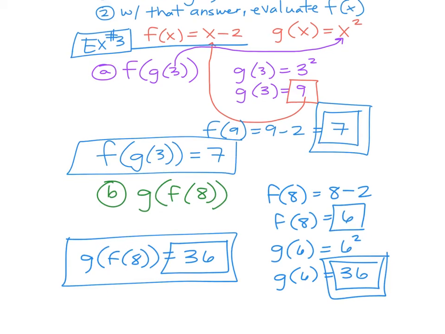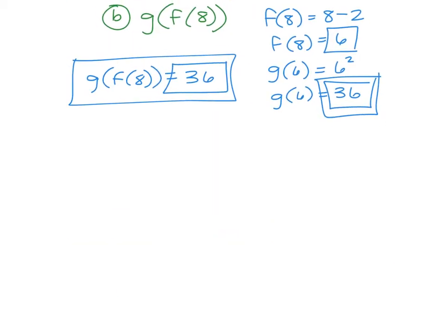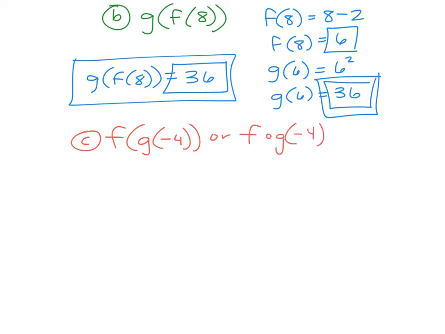Okay, next one. Letter C. Let's do f of g of -4, or just so that you see the other notation here, it would be f of g of -4. It always looks like fog. I think that is maybe why people don't like it as much too. So f of g of -4. So we're going to plug in to which function first? g.